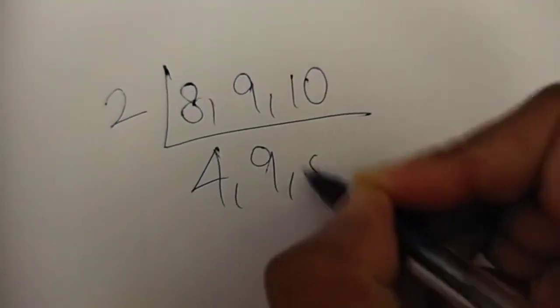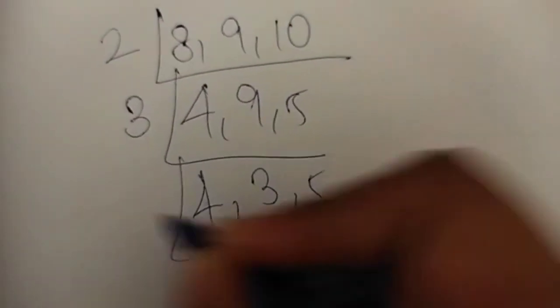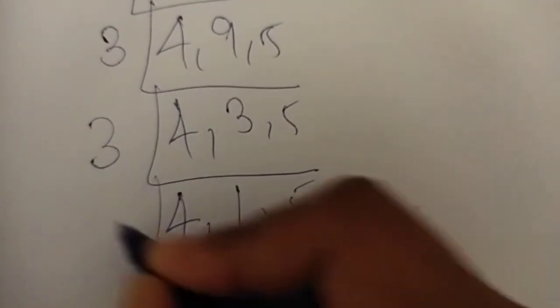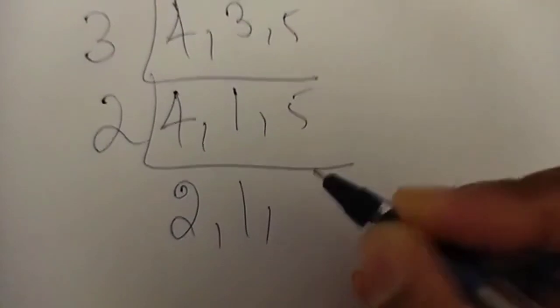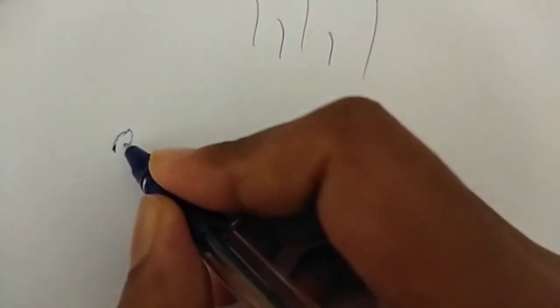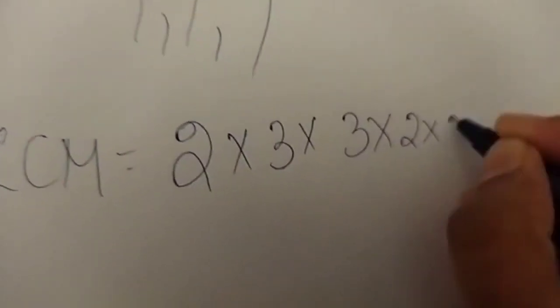So for 8, 9, 10 we divide by 2, 4, 9, 5; 3, 4, 3, 5; 3, 4, 1, 5; 2, 2, 1, 5; 2, 1, 1, 5; 5, 1, 1, 1. So LCM is equal to 2 into 3 into 3 into 2 into 2 into 5.